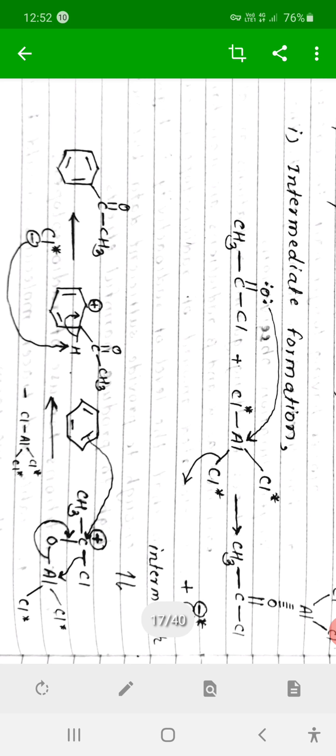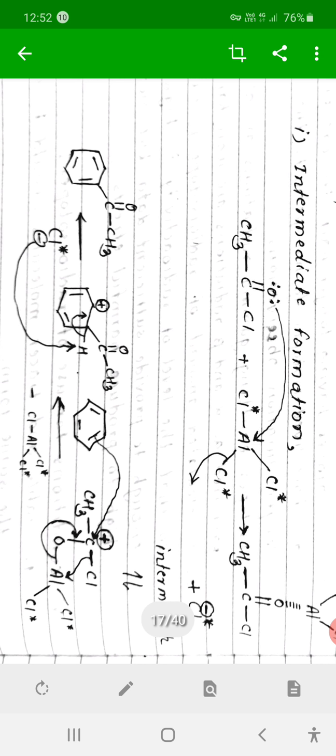That aluminum in anhydrous aluminum chloride is electron deficient.